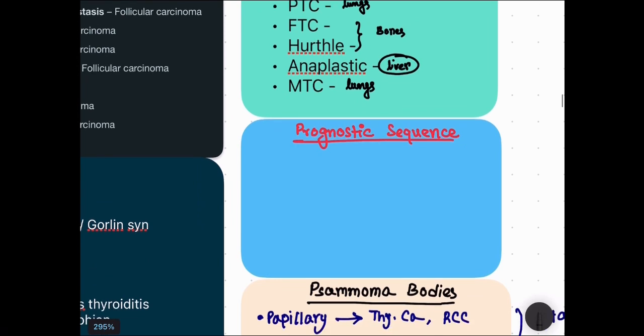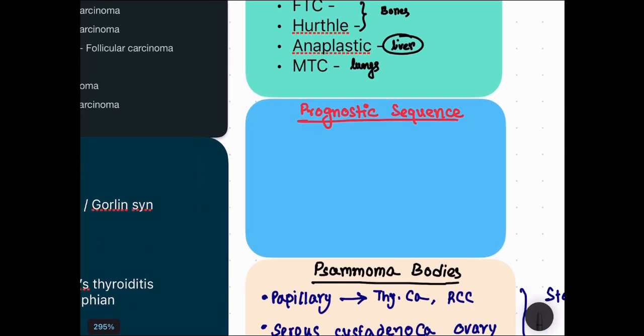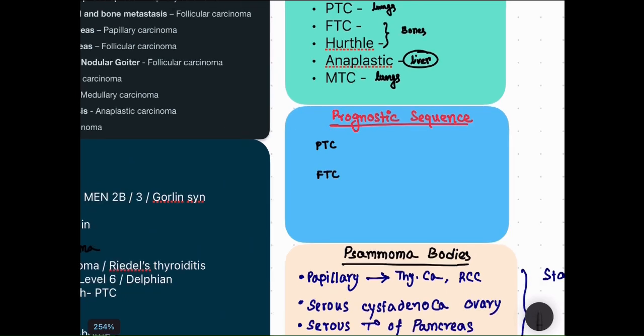Coming to the prognostic sequence of the thyroid malignancy, the best prognosis is with papillary thyroid cancer, followed by follicular thyroid cancer. Now in between them there is a follicular variant of papillary thyroid cancer, that is what is known as Lindsay tumor, having prognosis in between them.